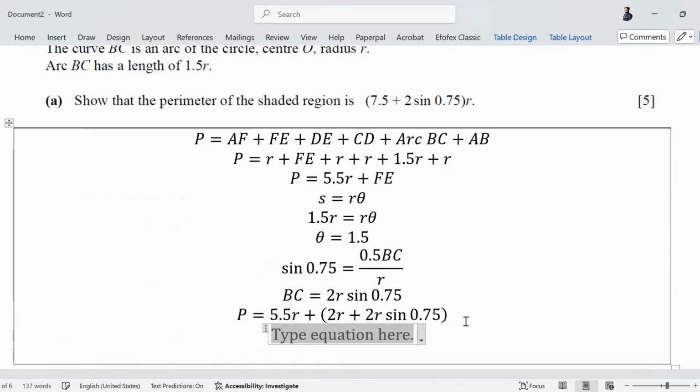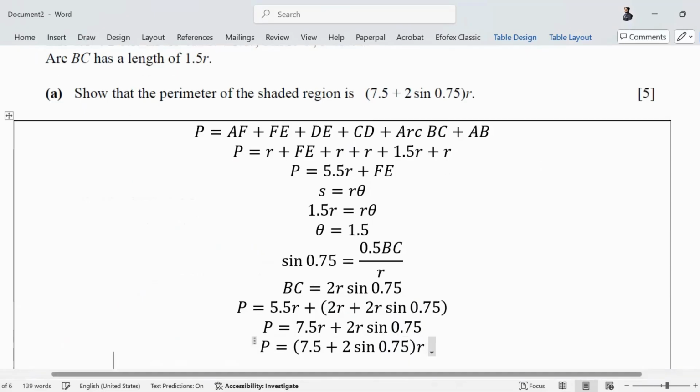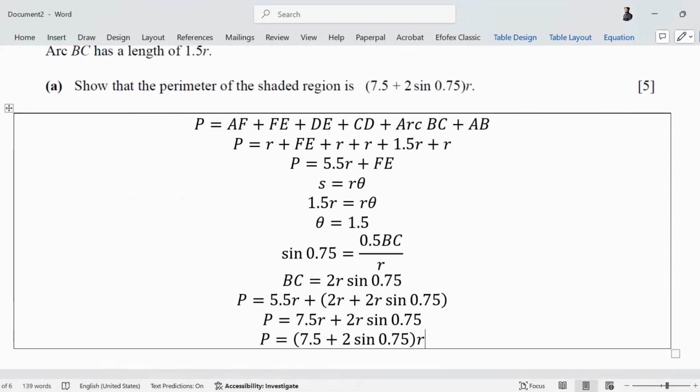If I simplify this, my perimeter is 7.5 R plus 2R sine 0.75. I can take R common: (7.5 plus 2 sine 0.75) R. So this is the perimeter of the entire shaded region, where R is a variable.